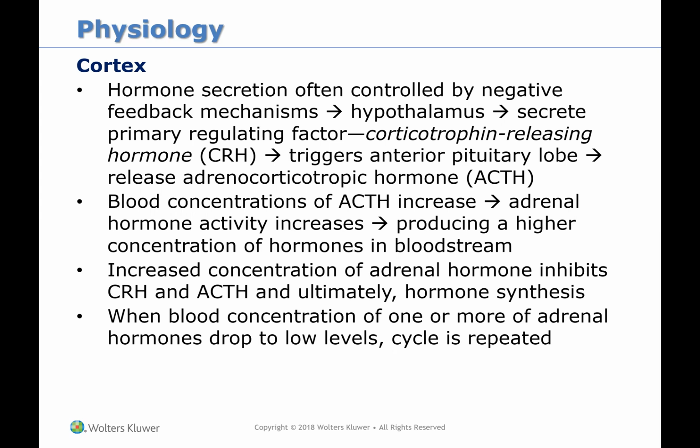So the blood concentration of ACTH increases and adrenal hormone activity increases, producing a higher concentration of hormones in the bloodstream. Increased concentration of these adrenal hormones inhibits CRH and ACTH and ultimately hormone synthesis. So when the blood concentration of one or more adrenal hormones drops to low levels, the cycle is repeated.